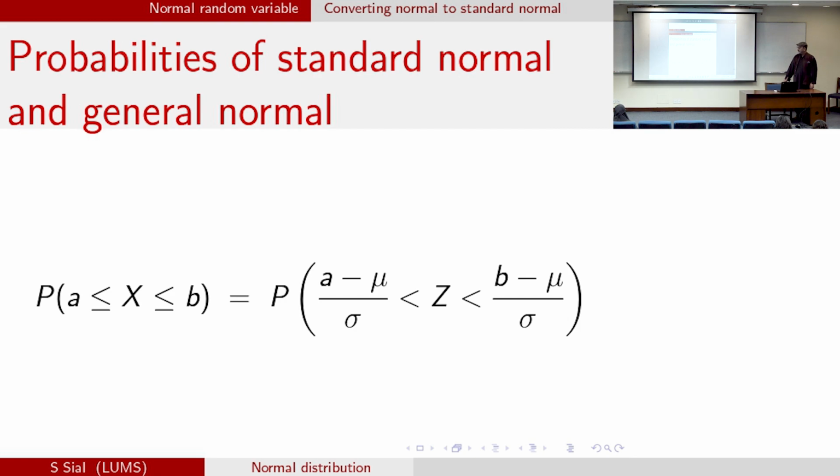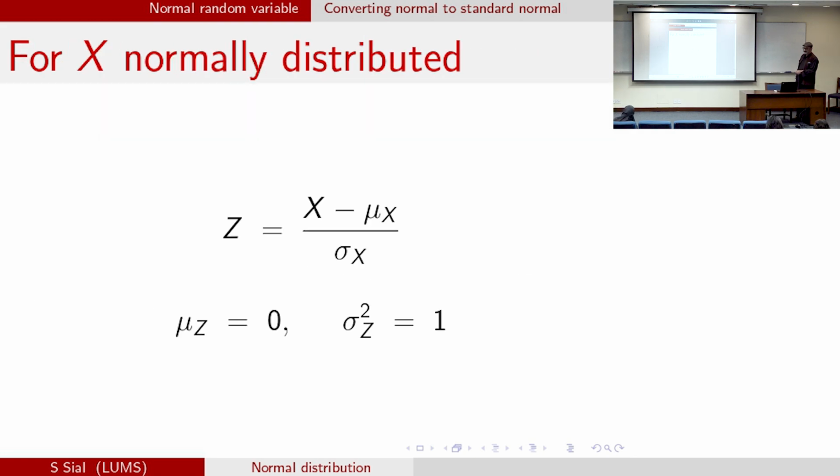Okay? So this is the way we calculate the probability that x lies in an interval from a to b. Right? We say the probability that x takes a value between a and b is the same as, now we apply this transformation, x minus its expectation divided by its standard deviation.